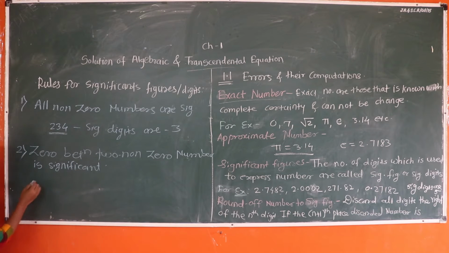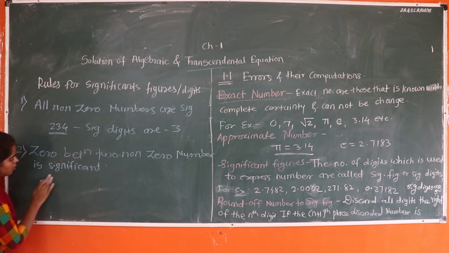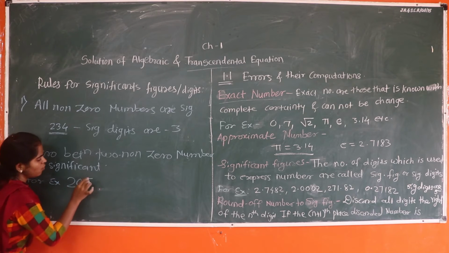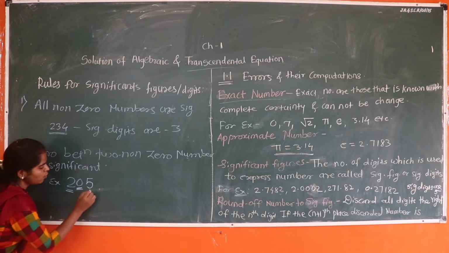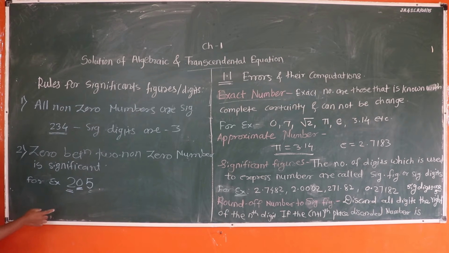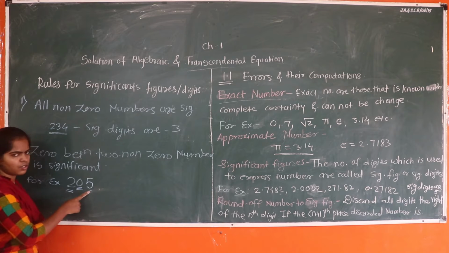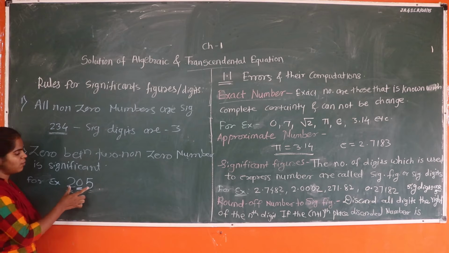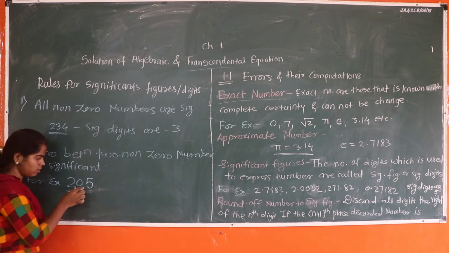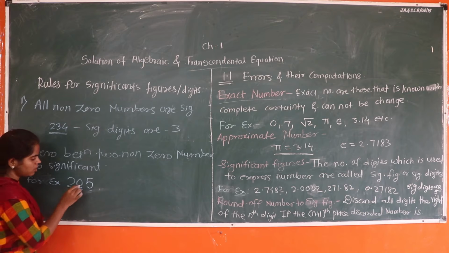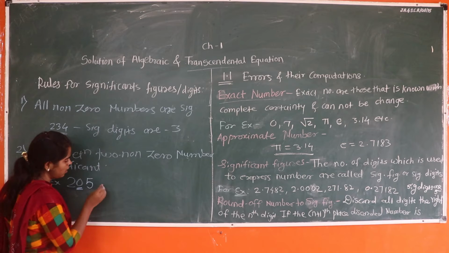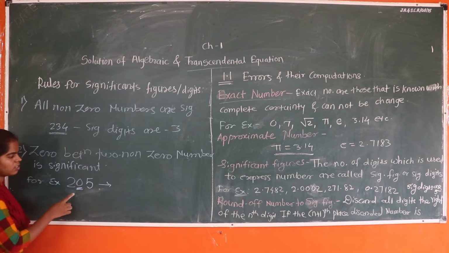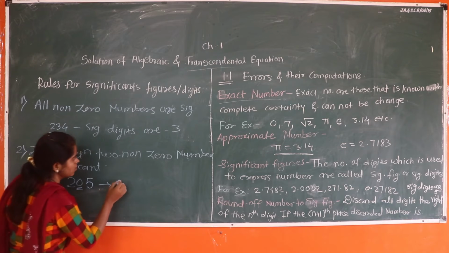For example, 205. This 0 lies between two non-zero numbers. 2 is non-zero, 5 is also non-zero. This 0 lies between two non-zero numbers, so this 0 is significant. Therefore, the significant digits for this number are how many? 3.